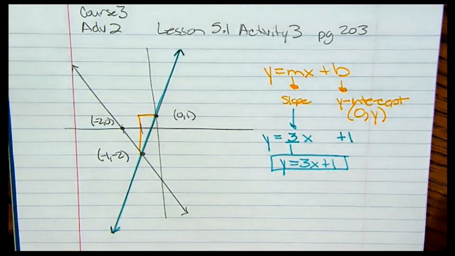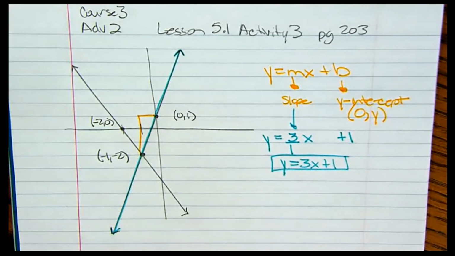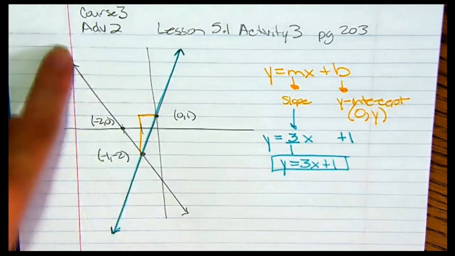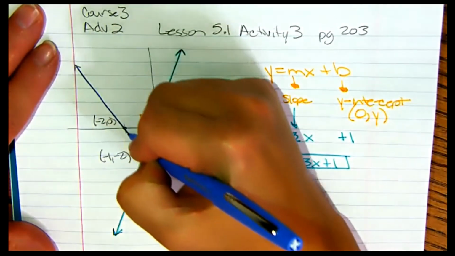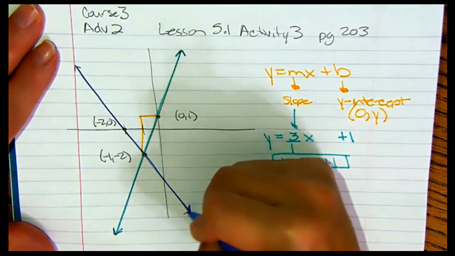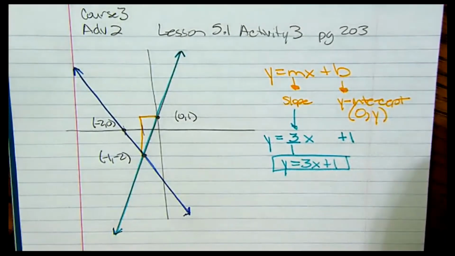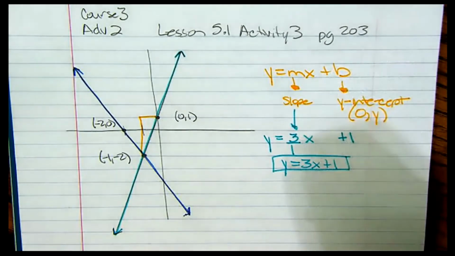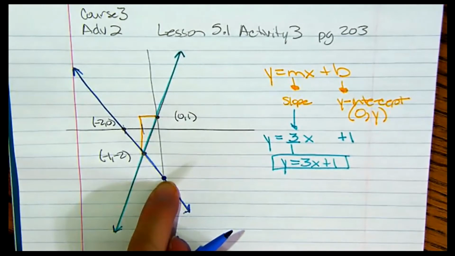Okay, but we're talking about a system of equations, which means more than one. So I need to figure out the linear equation for this line. Okay, so same thing. We're going to start with our y-intercept, and it looks like my y-intercept is right here.